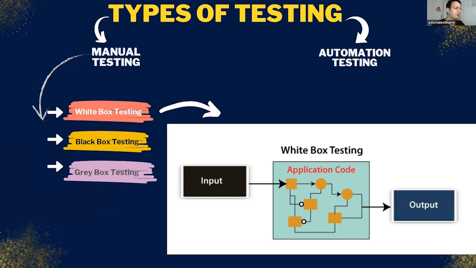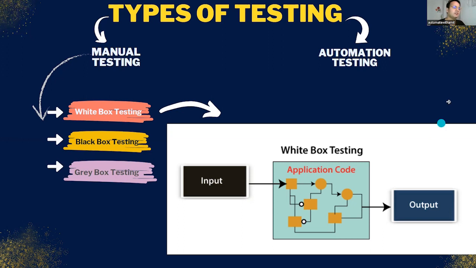So in white box testing, the person who is already aware of the coding of that particular software does the testing. In this type of testing, we or the developers provide some input and test the application code based on the expected output for any particular input.